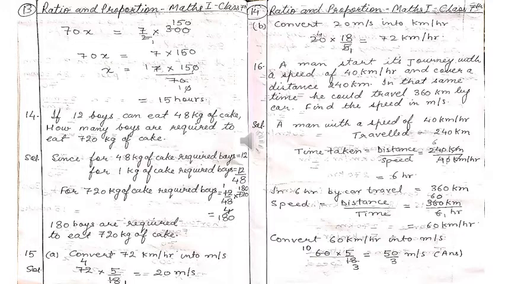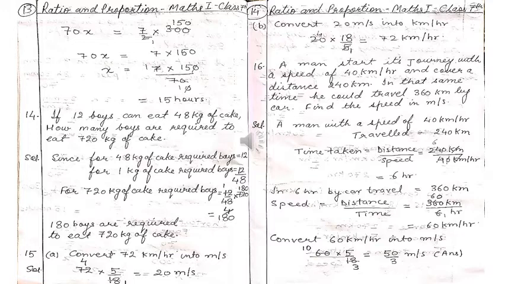Now in 6 hours the car travels 360 km. Here you have to find the speed, because time is given and distance is given. So speed is equal to distance upon time, that is 360 km upon 6, which is 60 km per hour.